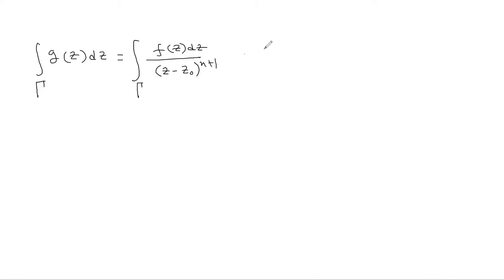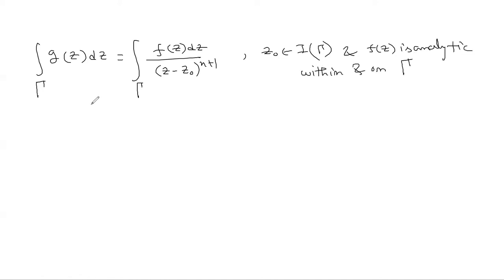There we have seen if we integrate g(z) along gamma, and g(z) can be written as f(z) dz by (z minus z_0) power n plus 1, where z_0 is an interior point of gamma and f(z) is analytic within and on gamma, then we can apply the derivative form of Cauchy integral theorem, and we get 2 pi i by n factorial into nth order derivative of f evaluated at the point z_0.